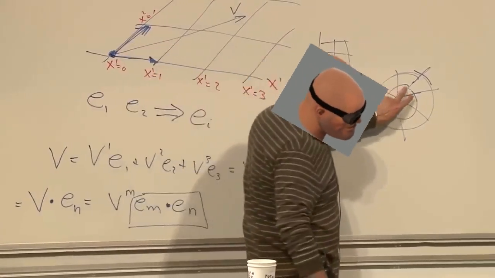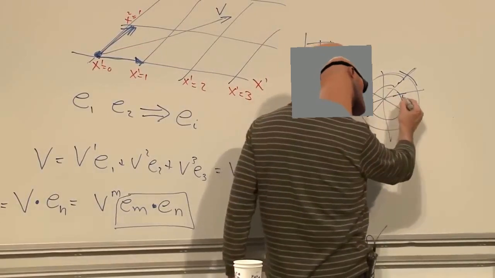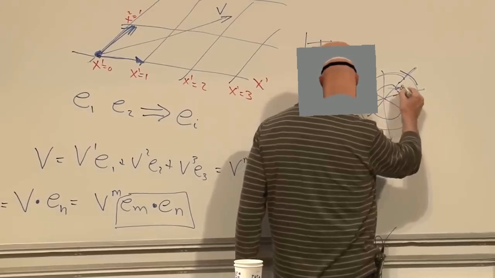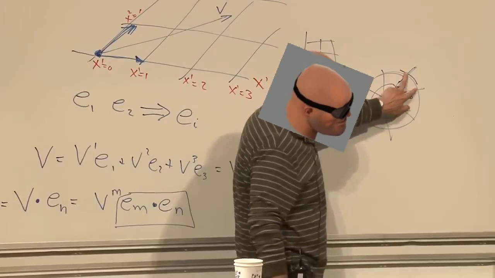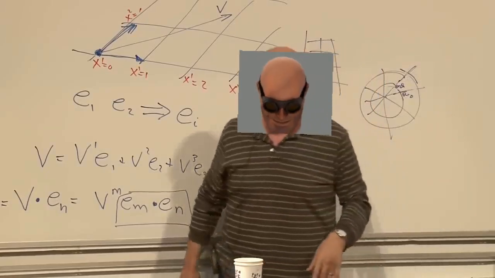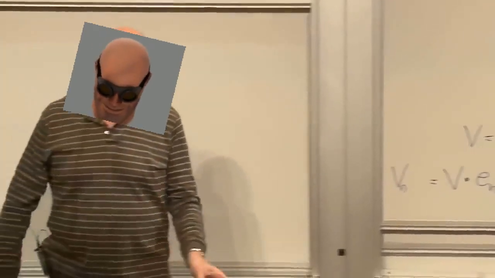But the separation distance between, let's call this theta equals 0 over here, and let's call this theta equals theta 1 over here. The separation between these two points is not the same as the separation between these two points, is not the same as the separation between these two points. So these are not Cartesian coordinates.